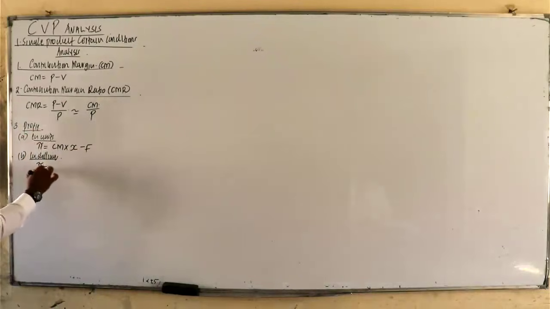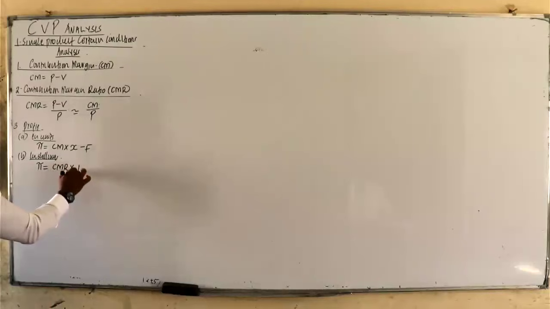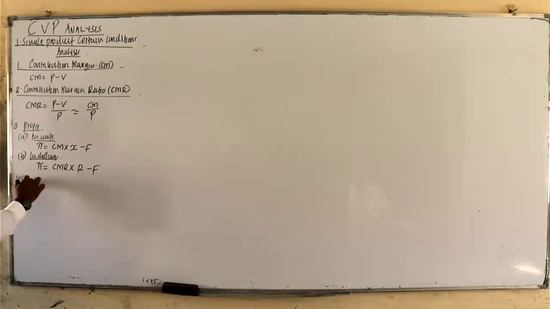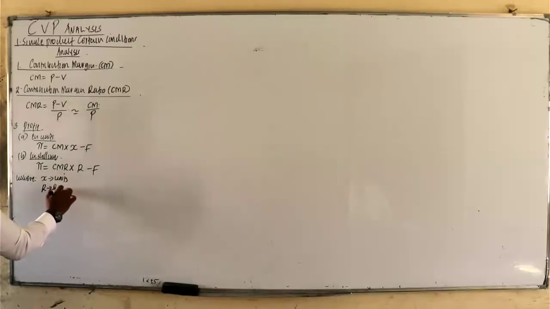In shillings, you take the contribution margin ratio, multiply by the revenue, minus fixed cost, where X means the number of units, R means the revenue, F is the fixed cost.